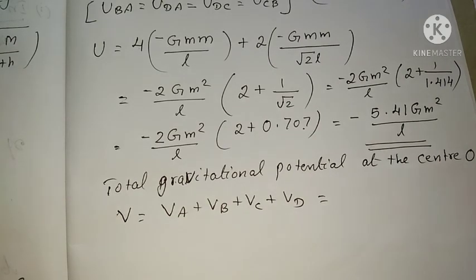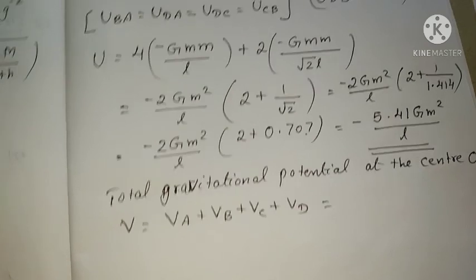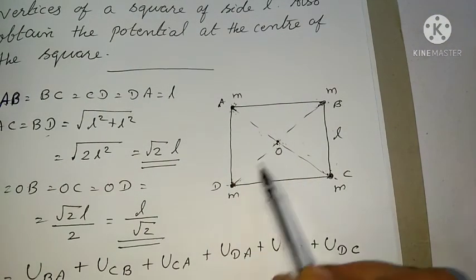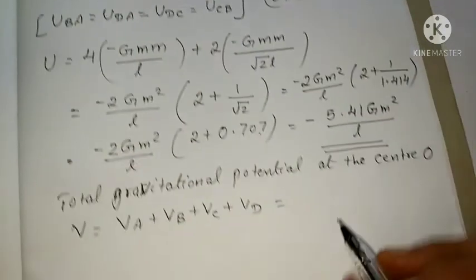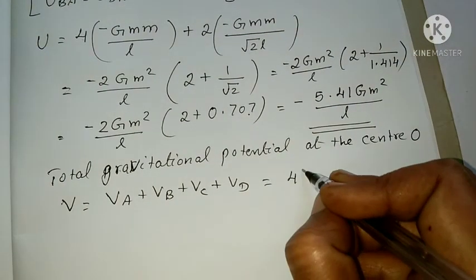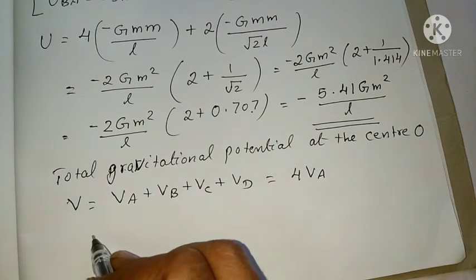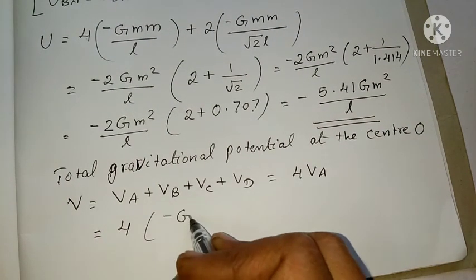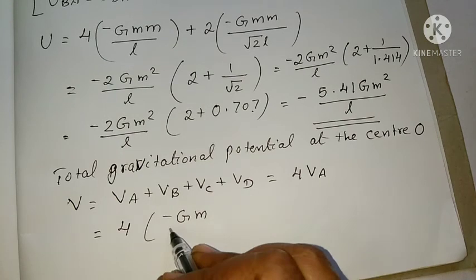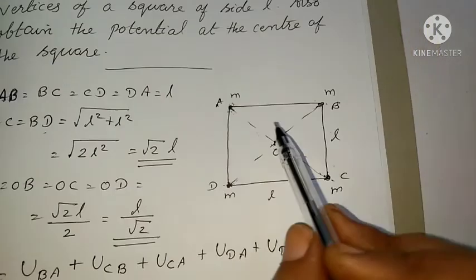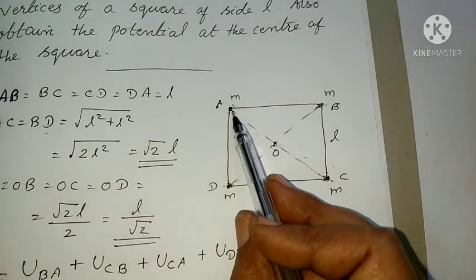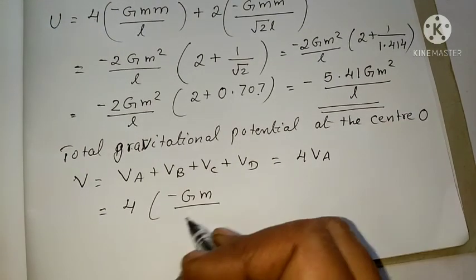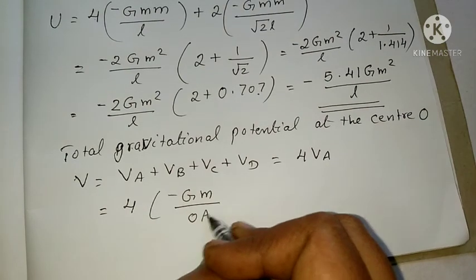All these distances are equal, so these potentials are equal. So we can write 4 into VA equal to 4 into minus G m by r. Instead of r, we can write any one distance, OA, OB, OD or OC. I am going to write OA.